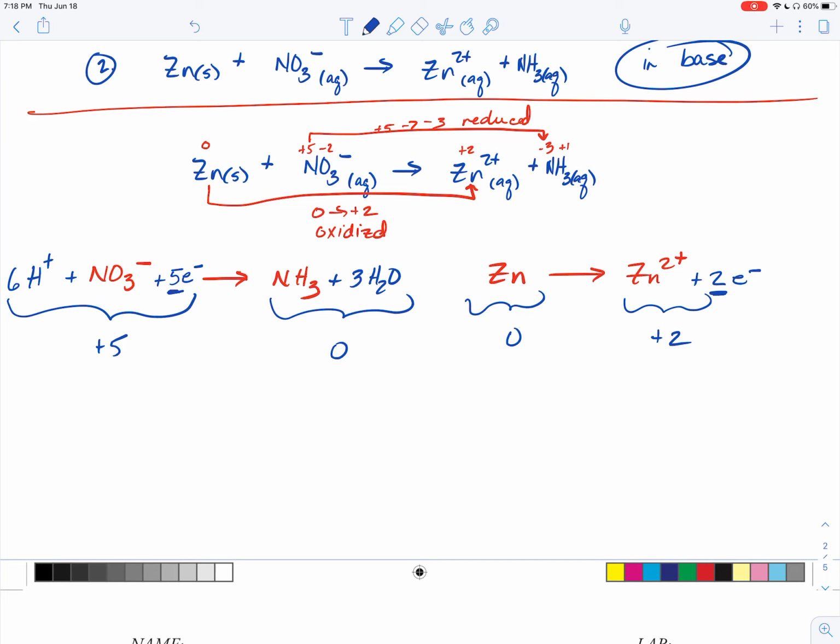So if I multiply this times 2, that means every coefficient within that half reaction also has to have a times 2. And then the one over on the right-hand side, our oxidized, has to have times 5. And so let's rewrite these with our proper coefficients.